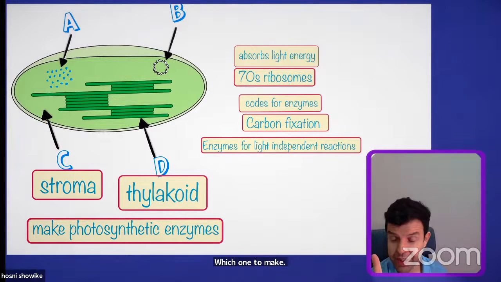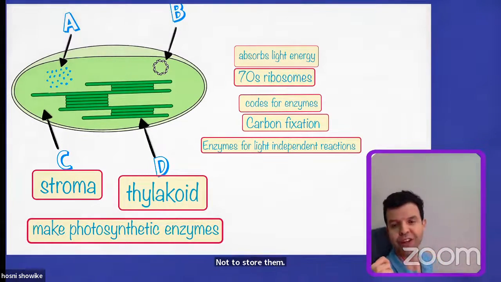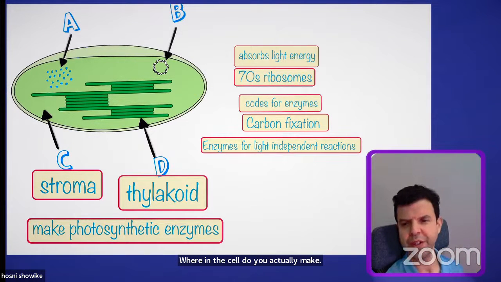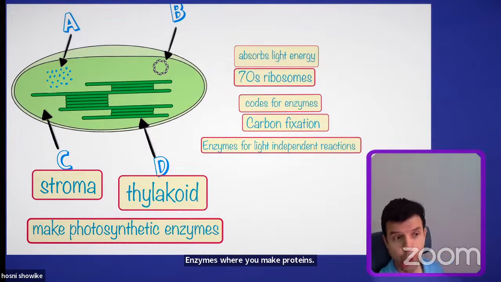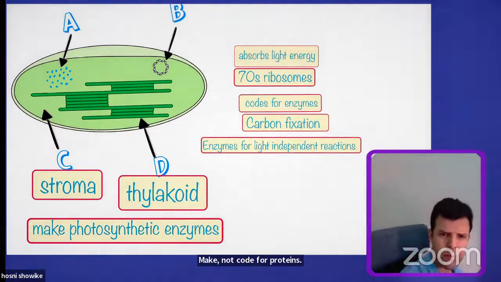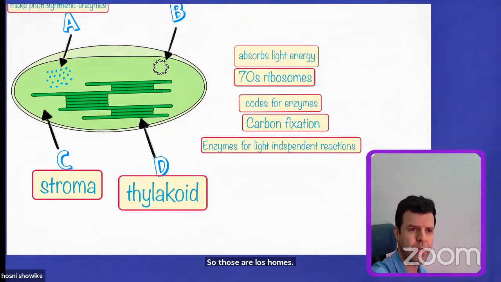To make them, not to store them. Where in the cell do you actually make enzymes? Where do you make proteins? Make, not code for proteins. You make proteins on the ribosomes. So those ribosomes are where I make my proteins. So here.